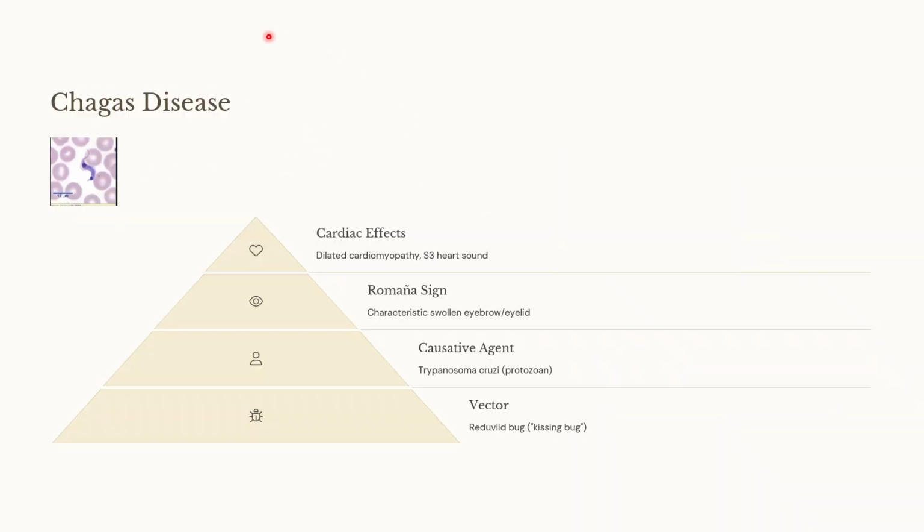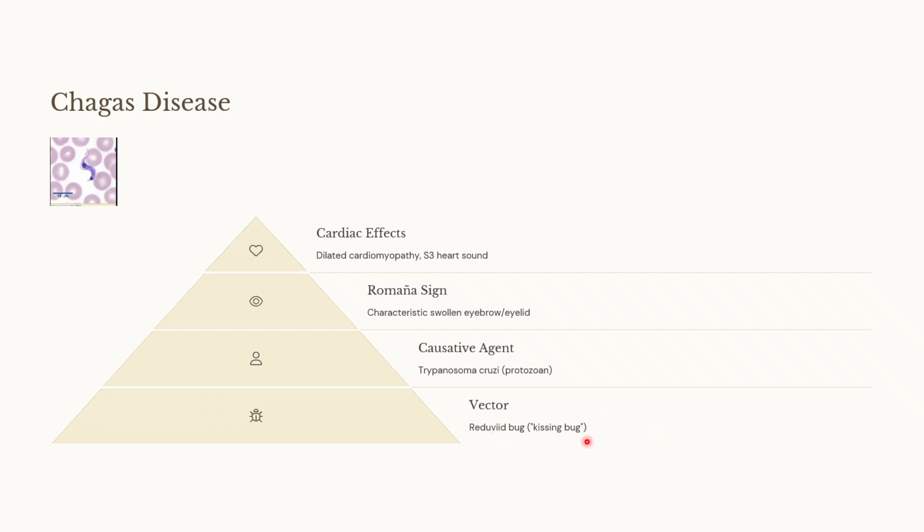Chagas disease. Chagas disease is caused by Trypanosoma cruzi and the vector is the reduviid bug. Mostly the patient would have gone for hiking or some outdoor activities and would have been bitten by the bug.